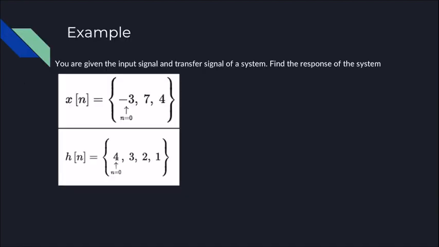And here in this next slide, we have an example. We got an input and transfer signal of a system, and we're asked to find the response of the system. So first of all, we need to make our table and fill in our values. The upper values of the table will be our x of n inputs, which are negative 3, 7, and 4.